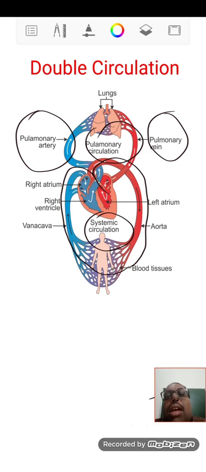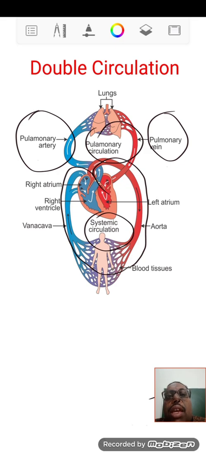That is why pulmonary arteries are responsible to carry deoxygenated blood from the right ventricle of the heart to the lungs, where the purification takes place. That means the exchange of gases takes place, carbon dioxide and oxygen.